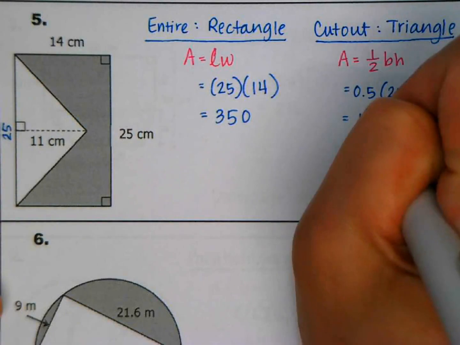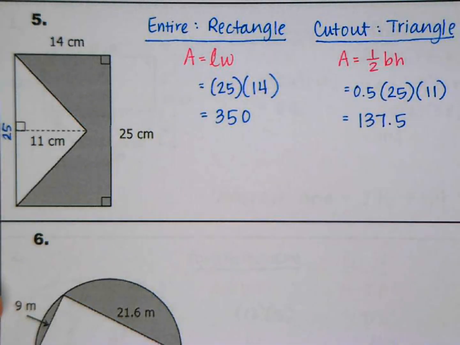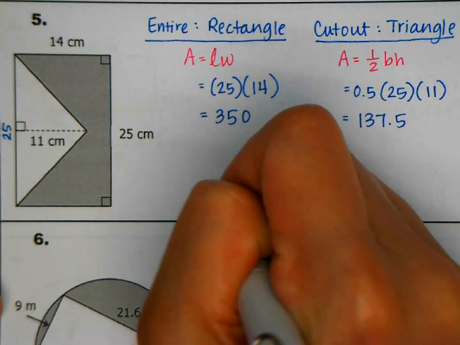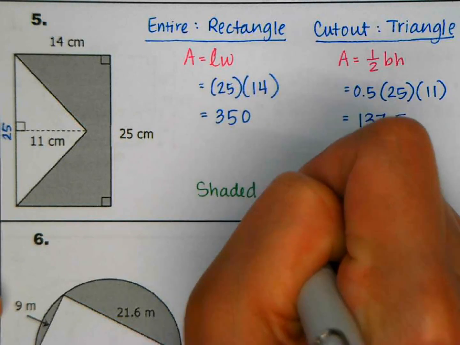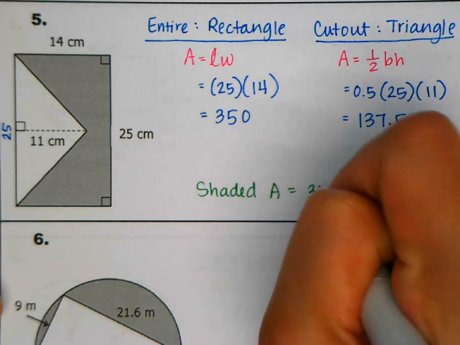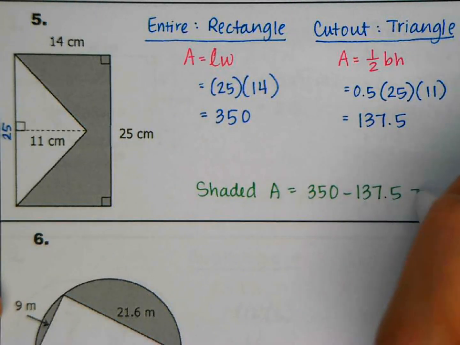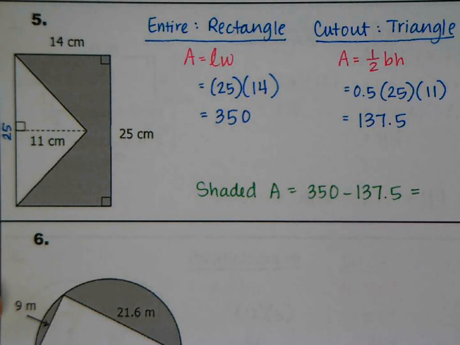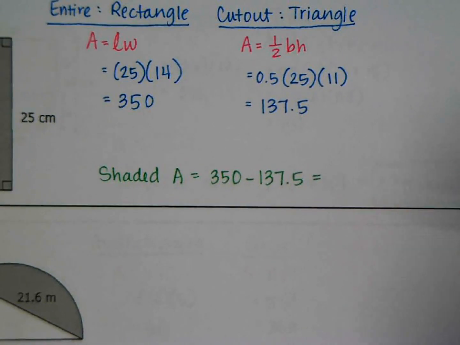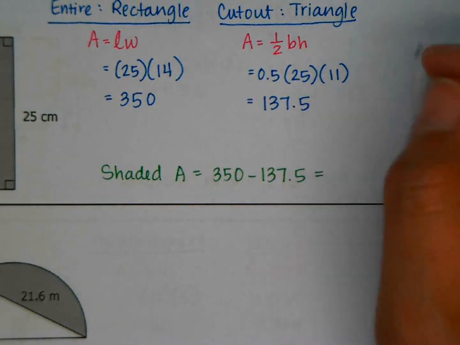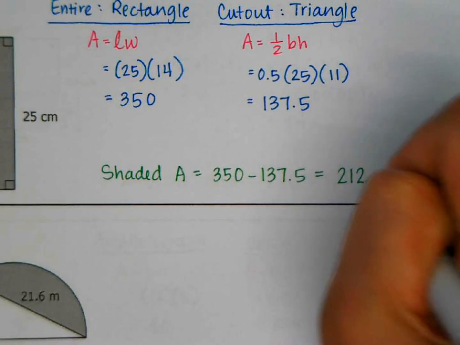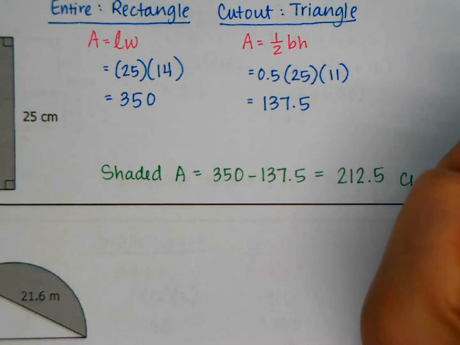Okay. Shaded area, we are always subtracting. 350 minus 137.5 is 212.5. And of course, if you want to do units, centimeters squared.